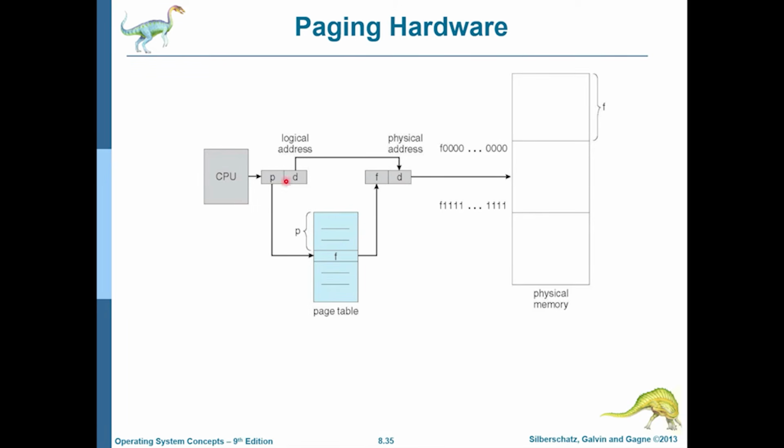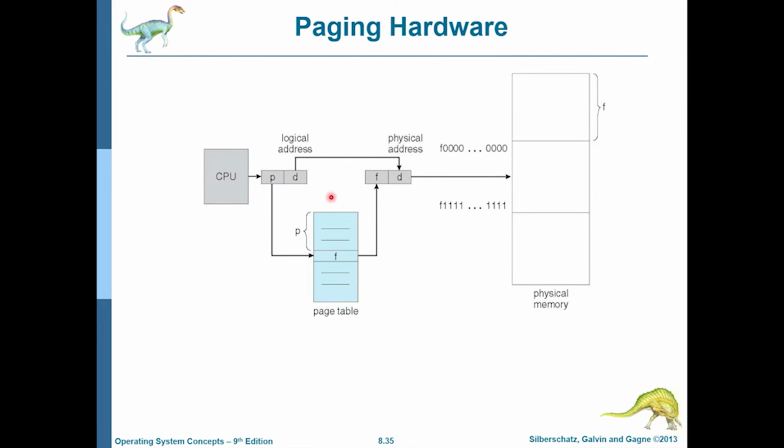Then we replace P by F, the frame number, and the offset just remains the same because the size of a page is equal to the size of a frame. So whatever offset into a page this logical address has, in physical address space it would be the same offset inside a frame.